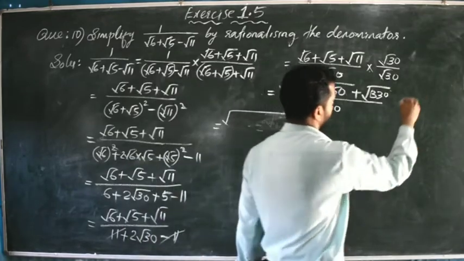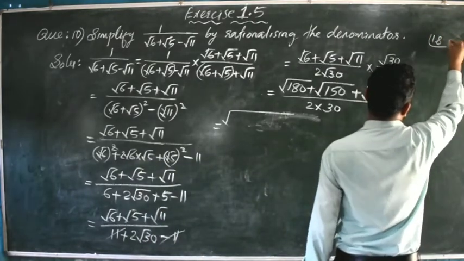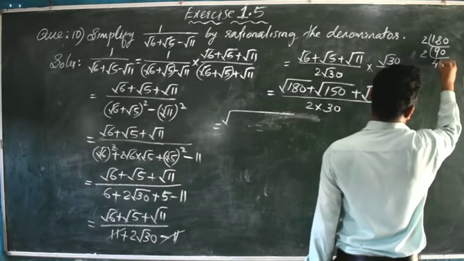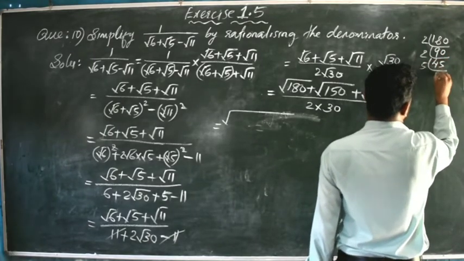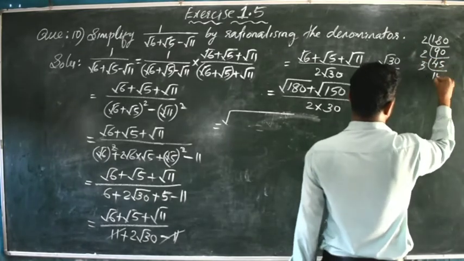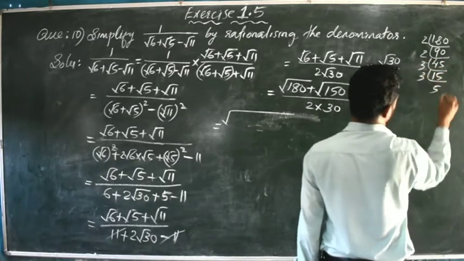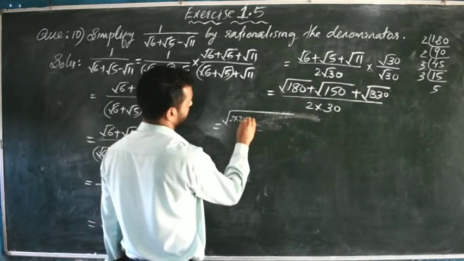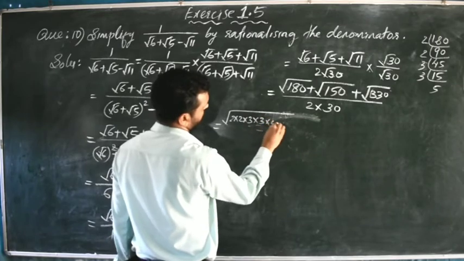We will factorize 180. 180 divided by 2, 90 divided by 2, 45 divided by 5, then divided by 3 we can cancel, 3 ones are 3. Remainder 5, then again divided by 3, 5. So 2 into 2 into 3 into 3 into 5.